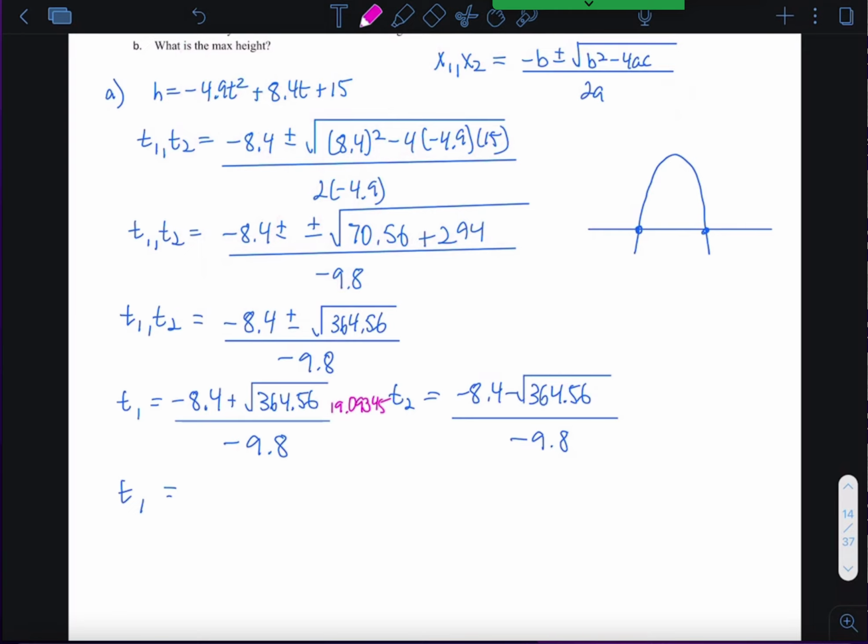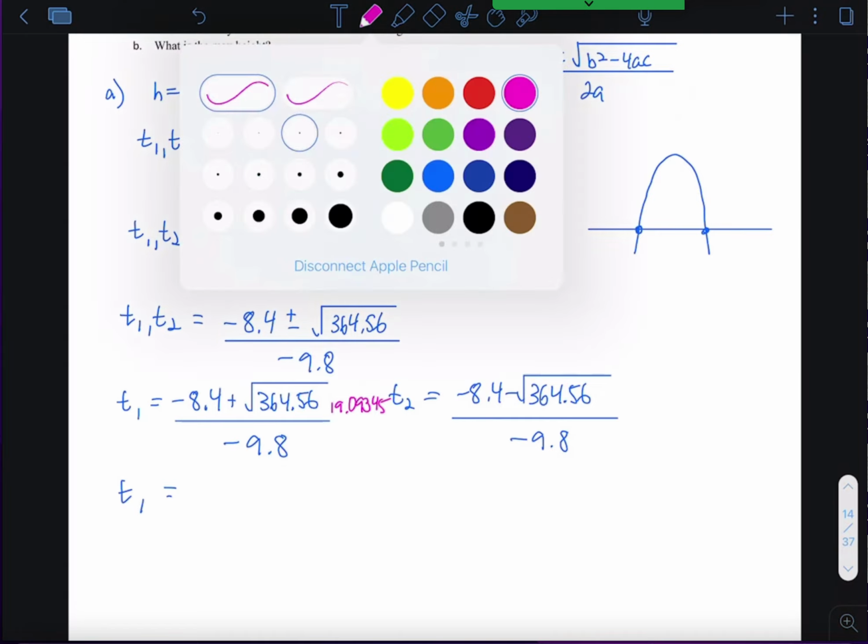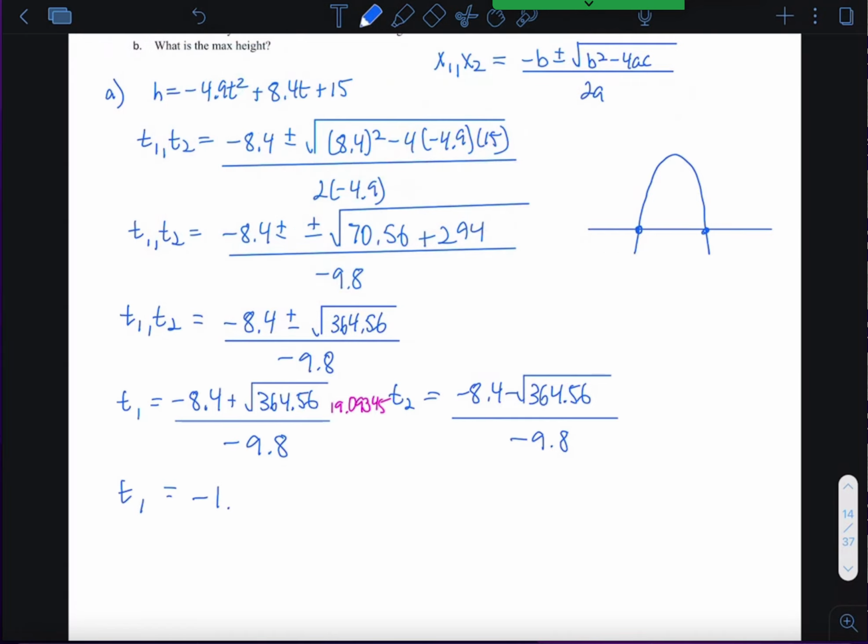And that gives us a T1 value of negative 1.091 seconds, and it will give us a T2 value of 2.805 seconds.